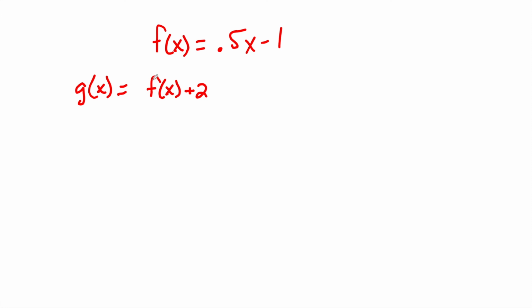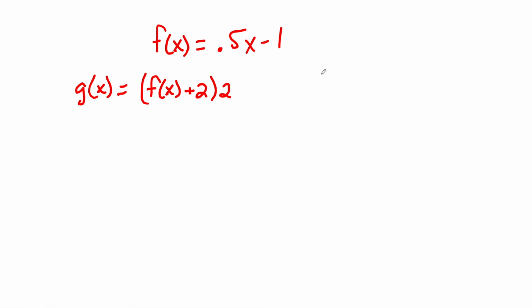More importantly, we're going to add 2 to the original function, f of x, first, but then after that, we have to do a vertical stretch by 2. This has to be on the outside of the parentheses, and since we don't have the parentheses right now, and we know that that vertical stretch needs to happen to everything, I'm going to write my own set of parentheses in, and I'm going to make sure I multiply everything by that 2.